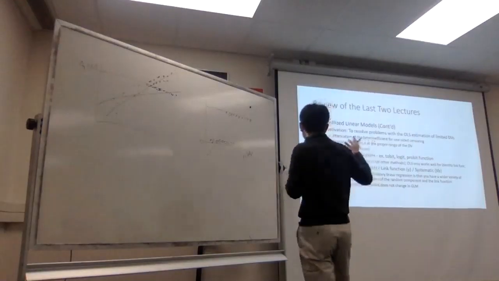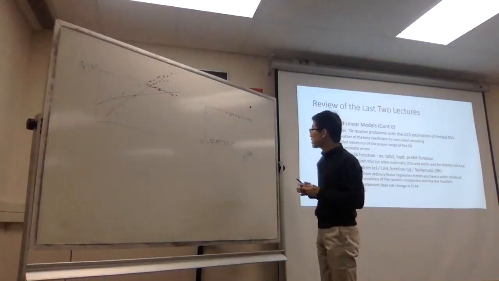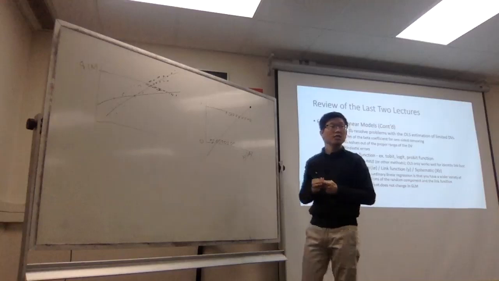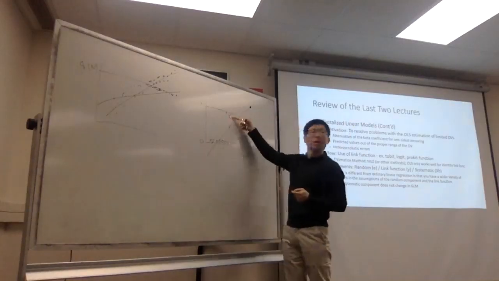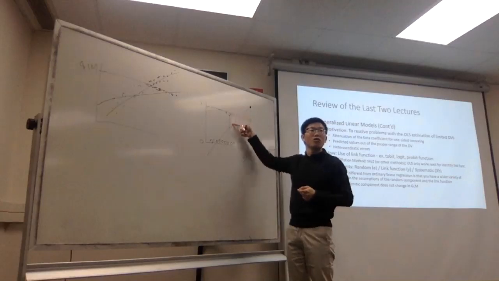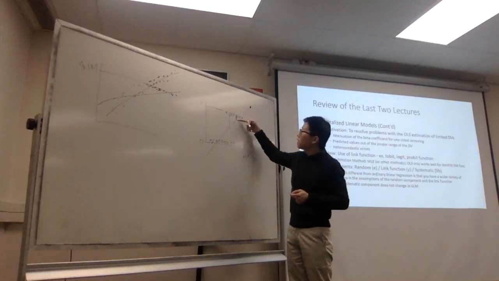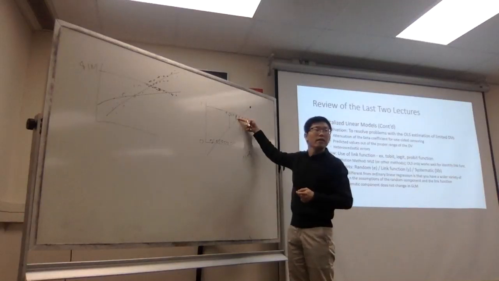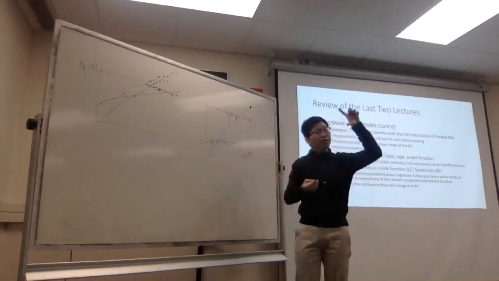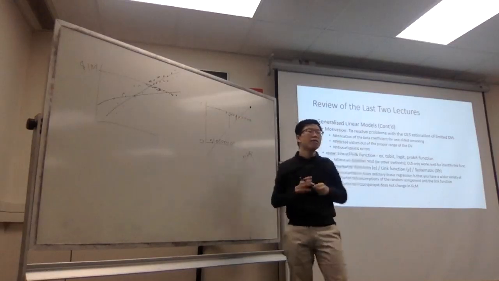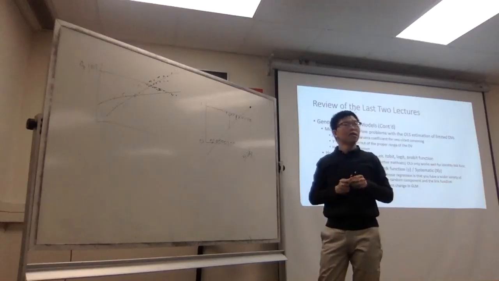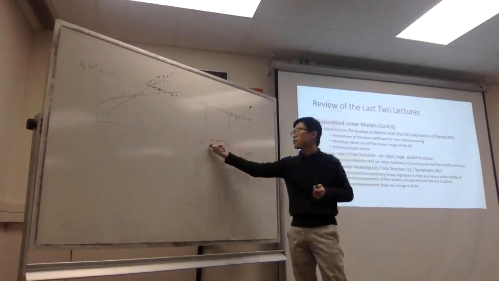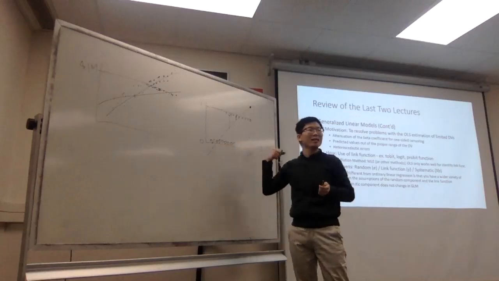And then, related, the third problem is heteroscedastic errors. As you can see, the error here is larger than here, right? So the variance of the errors can be different across the levels of x as a result.